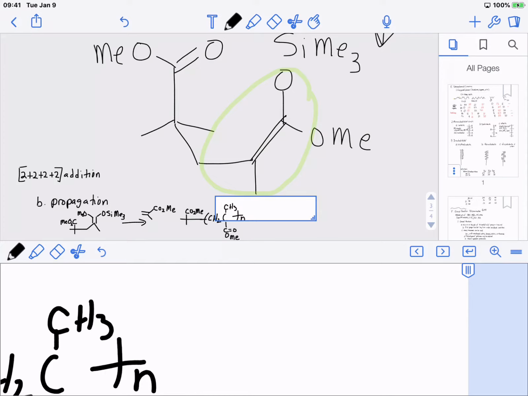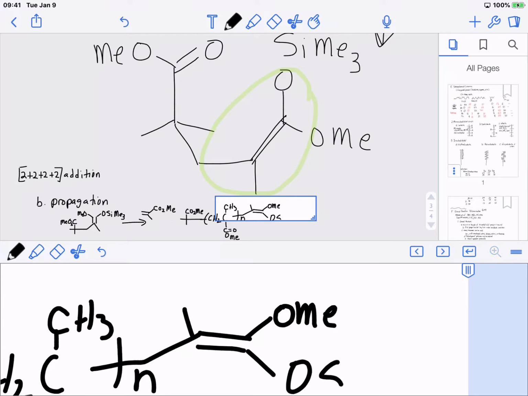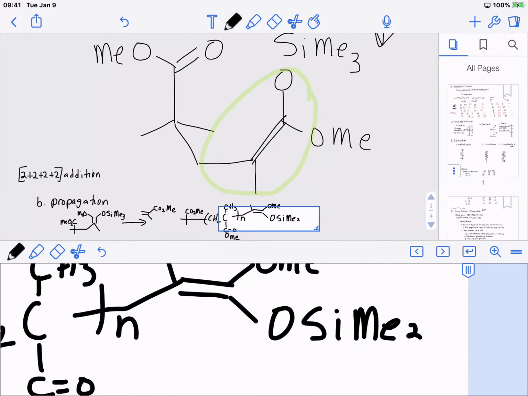And attached to the end is this trimethyl silyl group with the double bond.